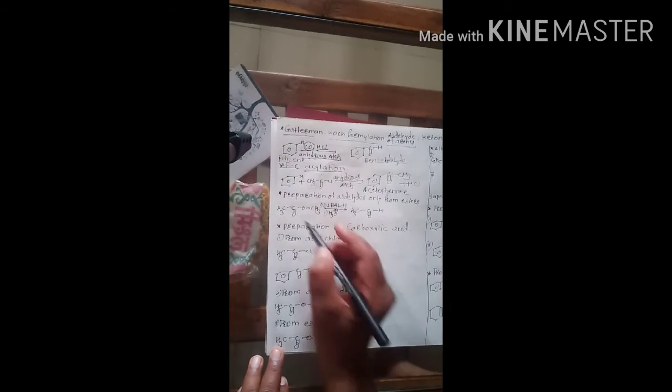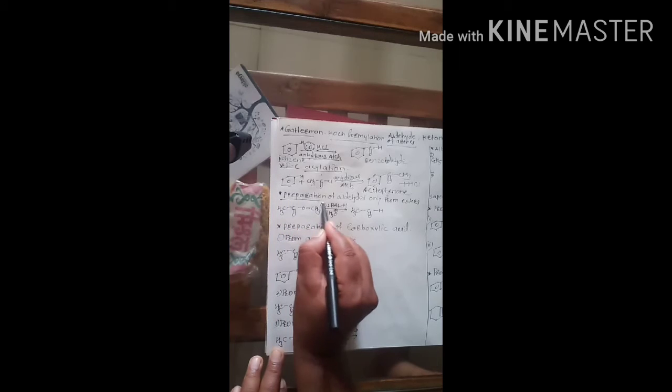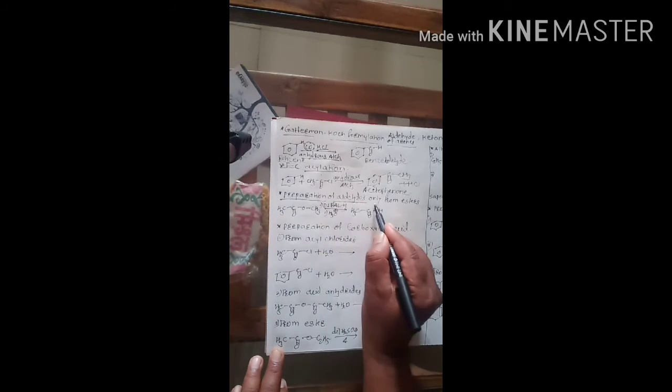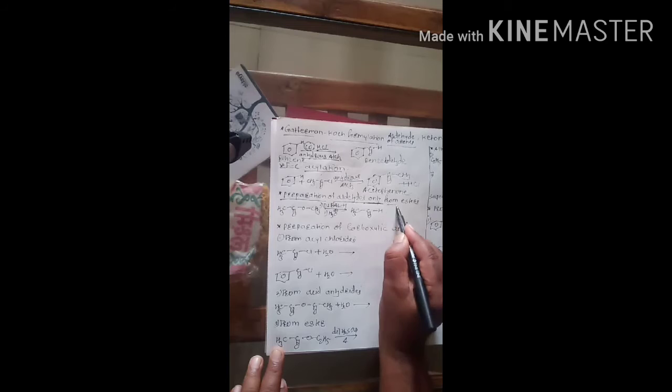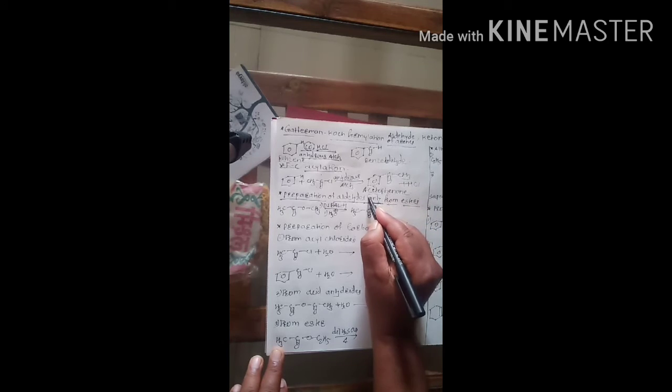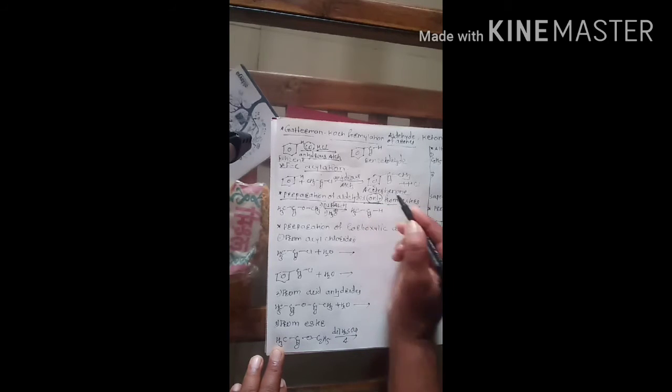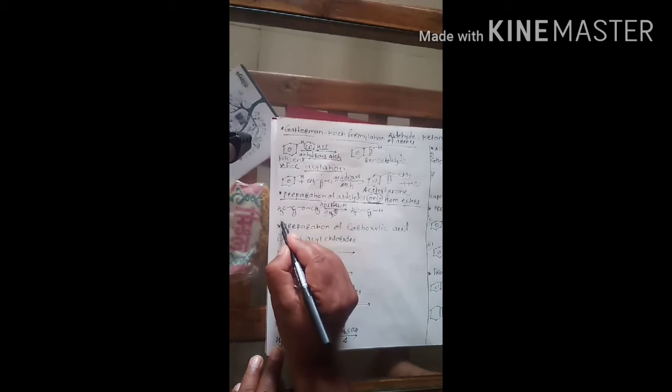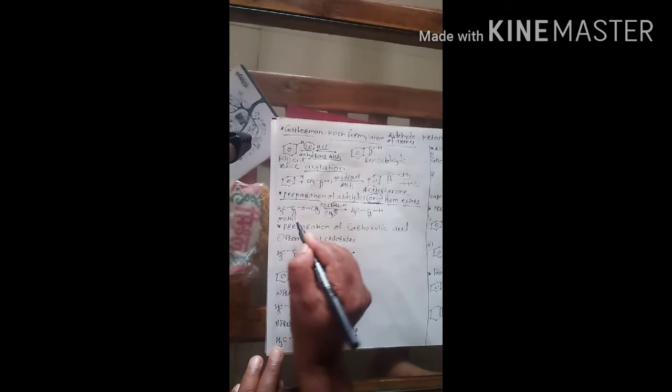Okay. So next reaction is preparation of aldehydes only from ester. This is very important. We can prepare aldehydes only from ester. So now this is methyl acetate.